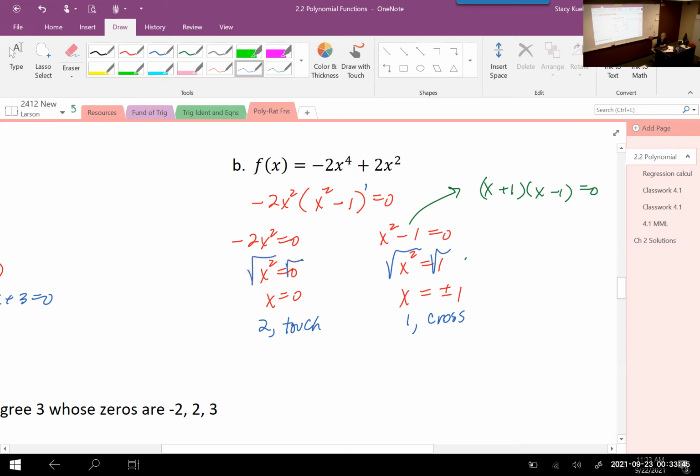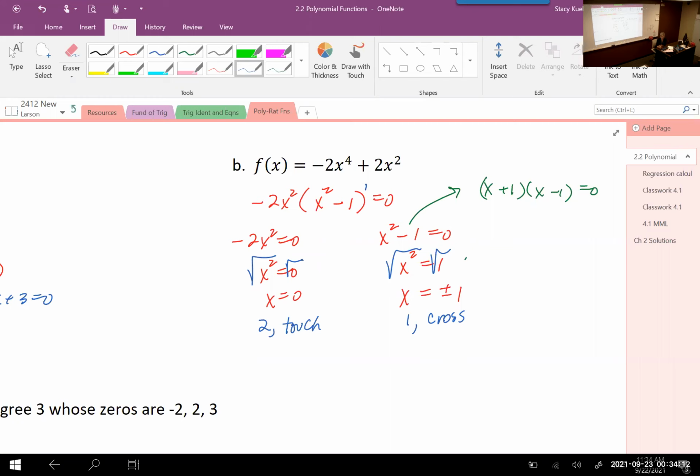Yep. Is there an example where x equals 0 would be a cross? It would still just be a single crossing at 0, but it would be considered a repeated root still.